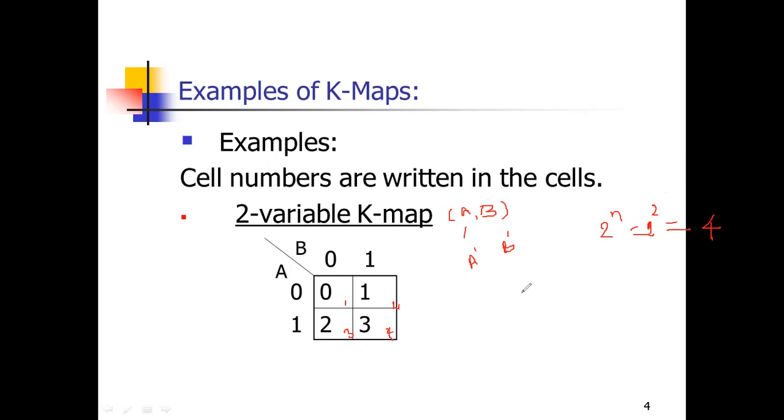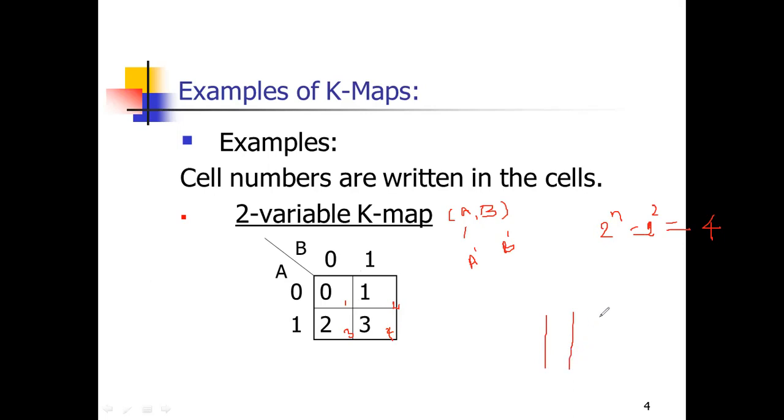Please listen carefully, it is very fundamental. If you cannot understand this, you cannot solve any problem using the Karnaugh method. Please listen to the numbering of these cells. This is variable A and variable B.